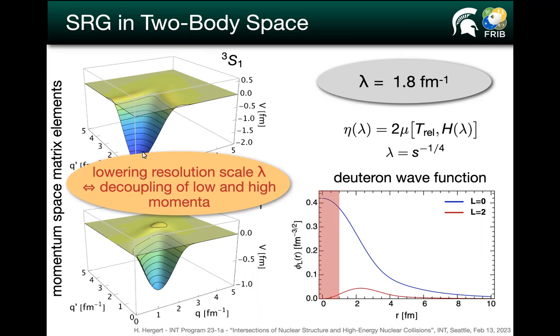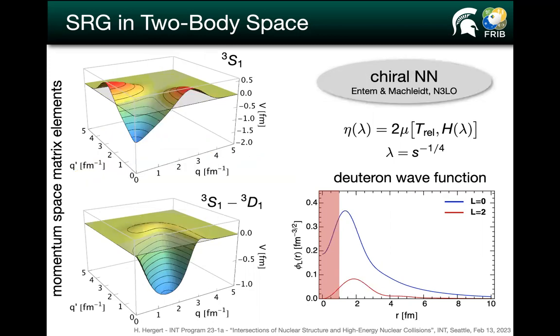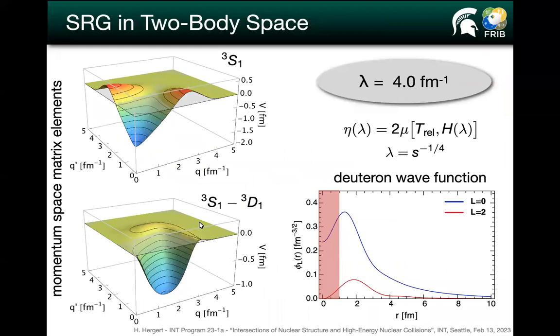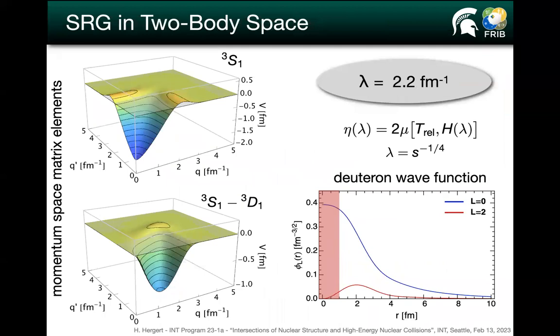This low momentum sector becomes more attractive as a consequence. You may have also noticed, going back a bit too far, that this coupled partial wave here, which is responsible for the SD wave mixing, is also kind of folded in on itself. So this coupling interaction becomes weaker.